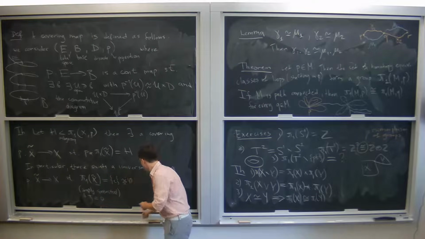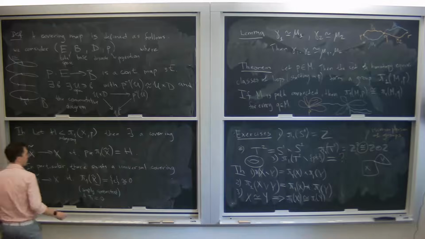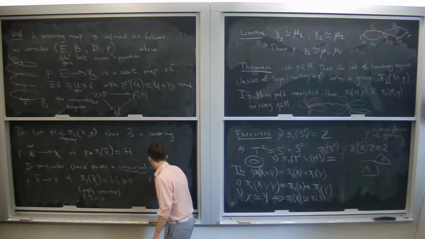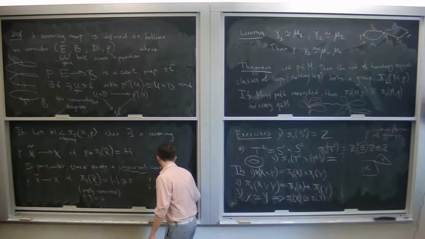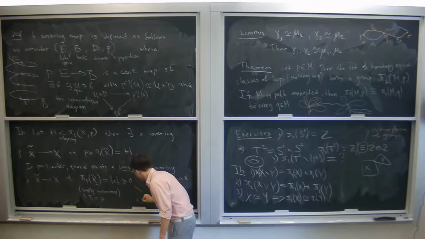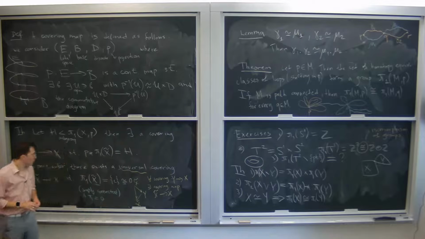So universal here means that for every covering Y to X, there exists a covering map of X tilde to X. So X tilde covers my X, and it covers every Y that covers our space X. Why is this universal covering important?